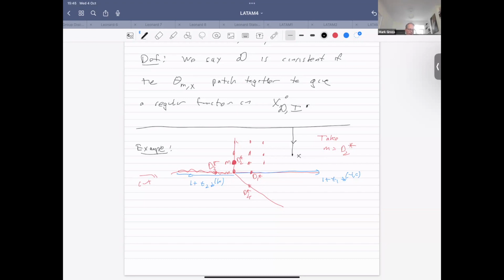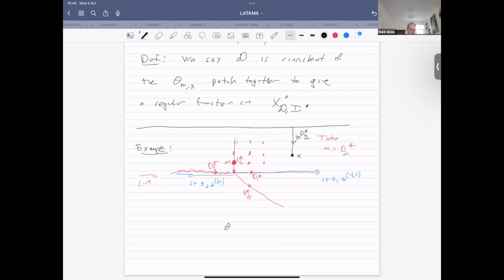We initially have the monomials at d2 star, and it then ends at X. Notice, because this isn't crossing any wall in the scattering diagram, there's no opportunity for this to bend. We just get a single broken line.